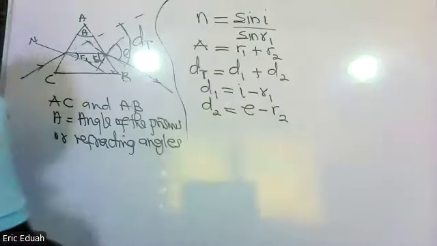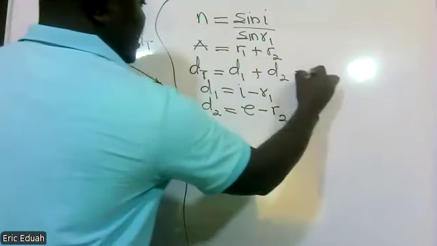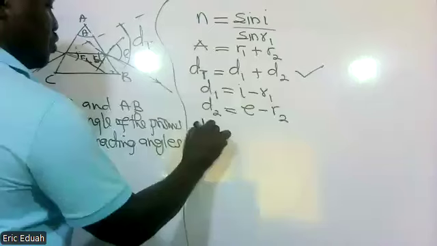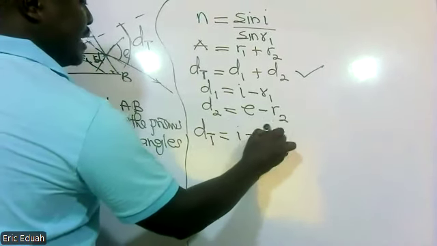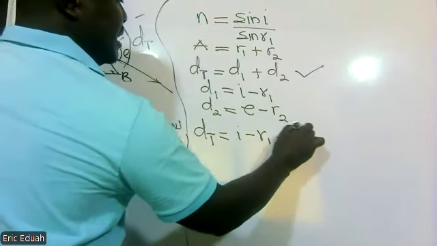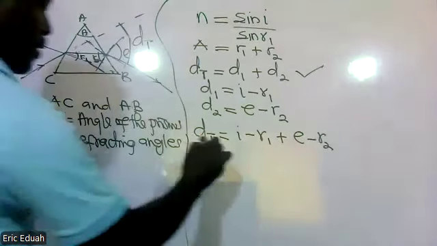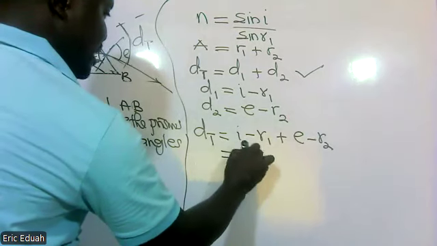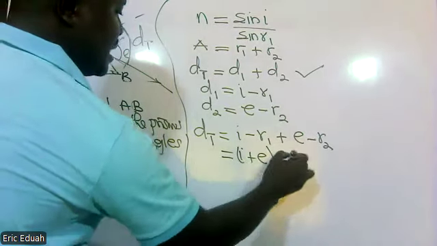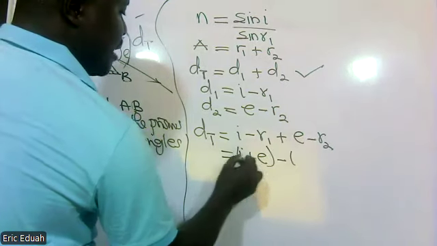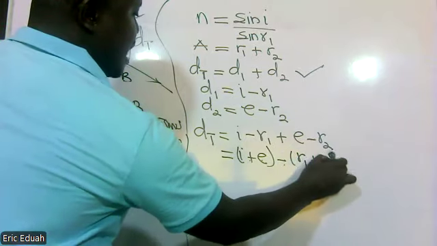So in substituting D1 and D2 into this, we had the total deviation being equal to I minus R1 plus E minus R2. This we rearranged to have I plus E minus R1 plus R2.